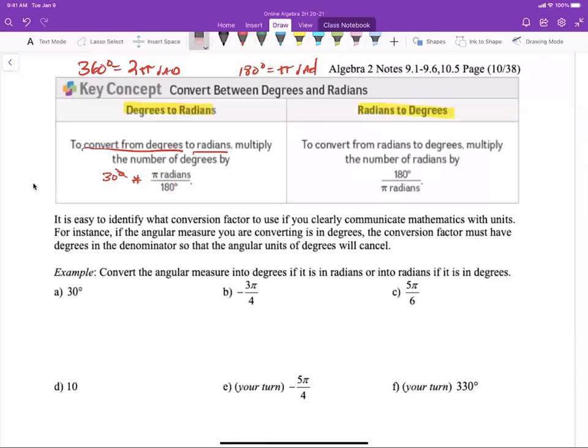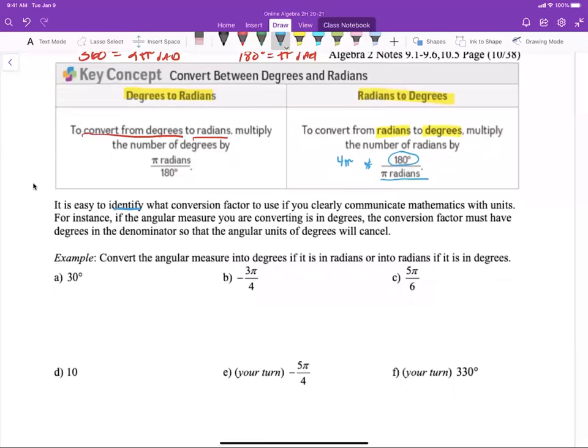If you are going the other direction, from radians to degrees, so for example maybe we have an angle of 4 pi radians, I will multiply it by the number of radians on the denominator, and on top, what those radians are equivalent to in degrees. My radians will cancel, and I'm left with degrees, okay?